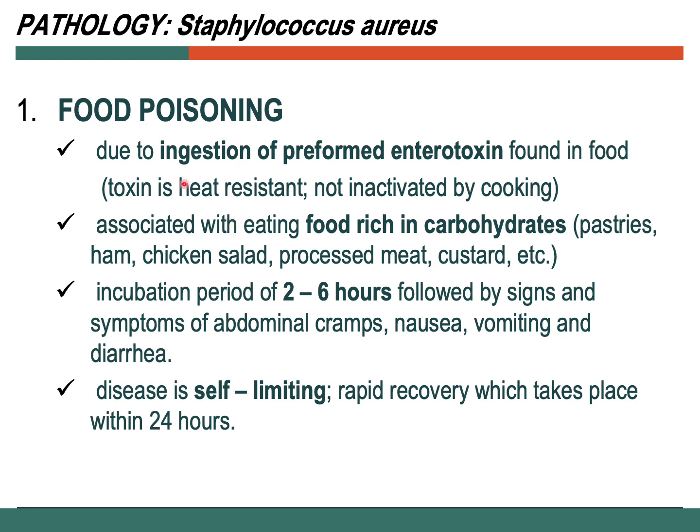Okay, so food poisoning caused by staph is associated with food rich in carbohydrates like pastries, ham, chicken salads, processed meats, custards, and others. The incubation period for food poisoning caused by staph is 2 to 6 hours, followed by signs and symptoms like abdominal cramps, nausea, vomiting, and diarrhea.